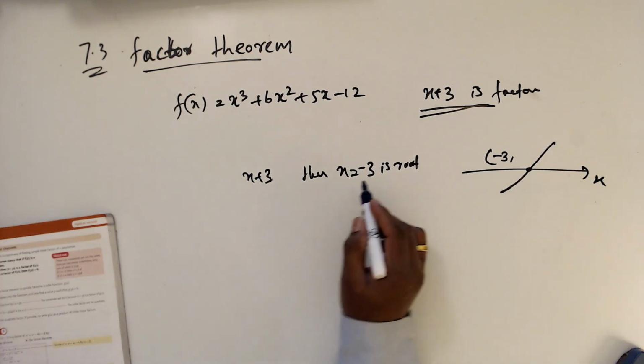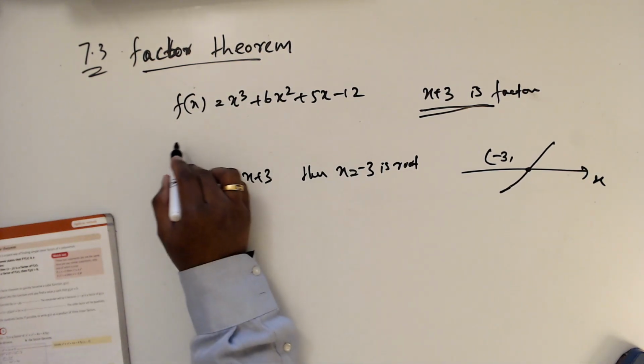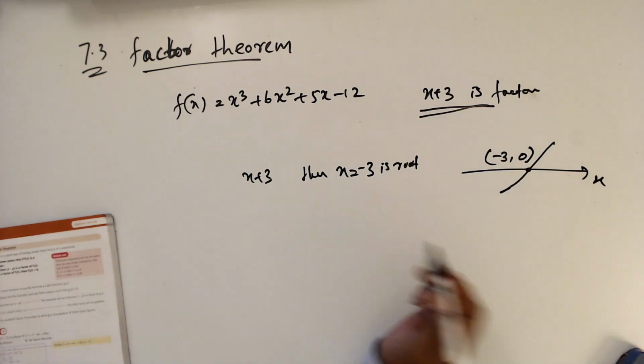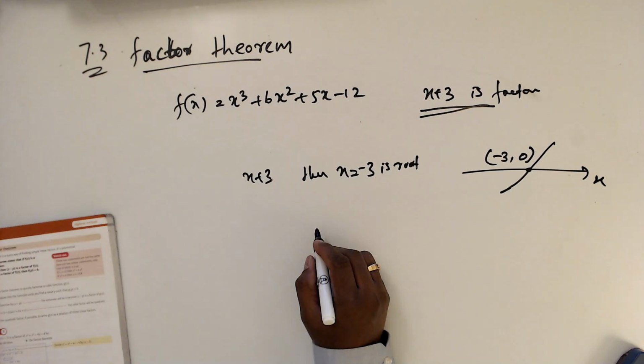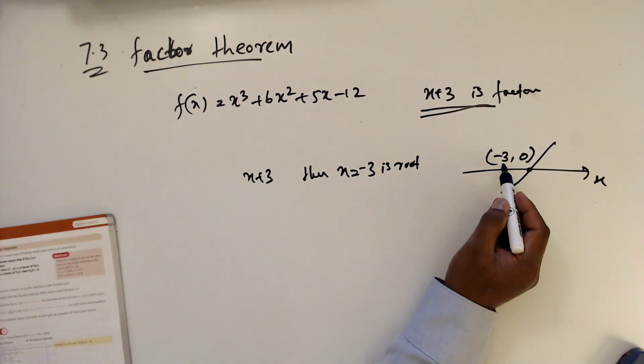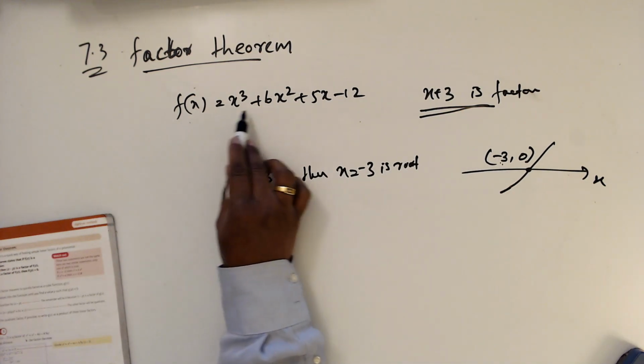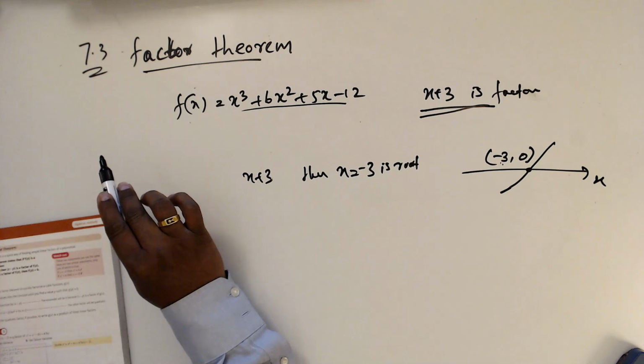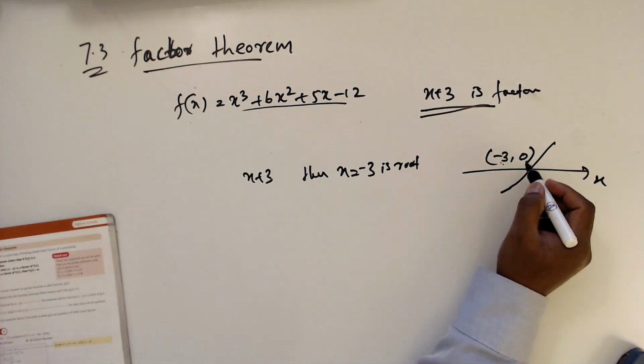How do we find root? We make f(x) equal 0. Then we know this is 0. In other way, when you substitute minus 3 to here, what should the answer be? How do you find the y value?